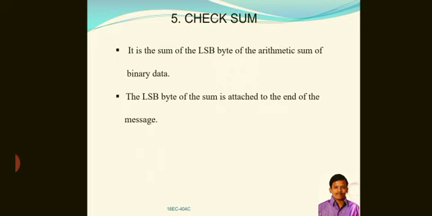That LSB byte of the sum is attached to the end of the message. This means the data to be transmitted is divided into equal blocks, which may be in the form of 8 bits or 16 bits.